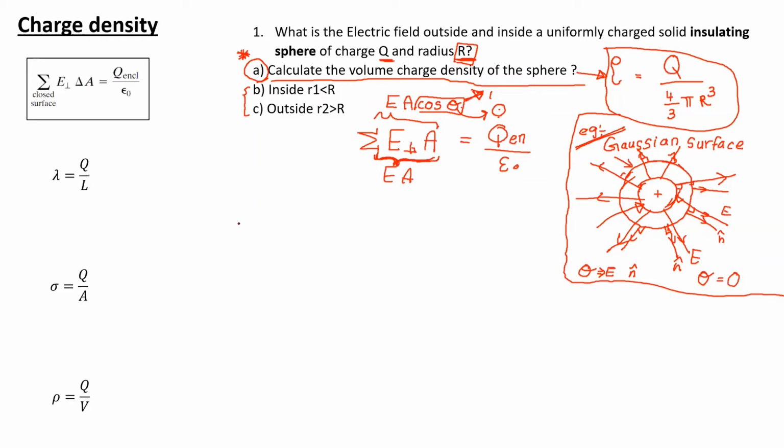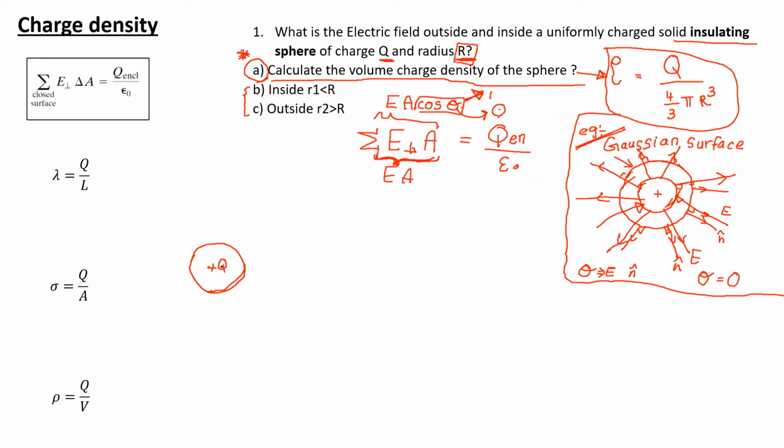So I'm going to do the problem. My first step is, so look carefully at each step I do. This is my spherical solid insulating sphere and it has a charge Q. In an insulating sphere, what can you say about the charge distribution?